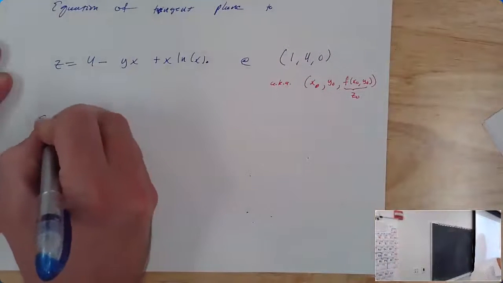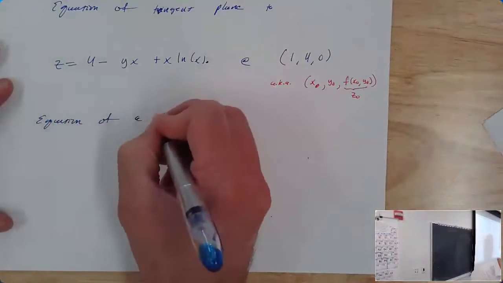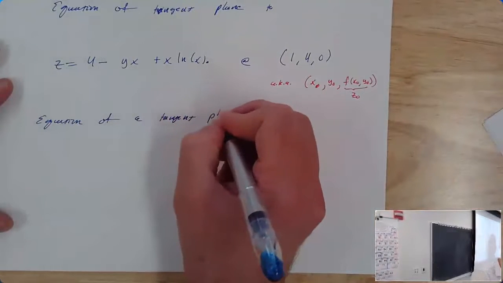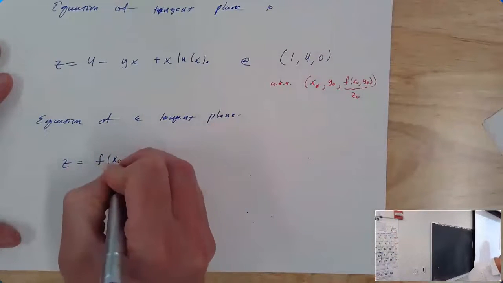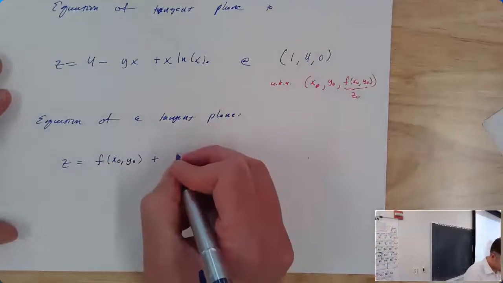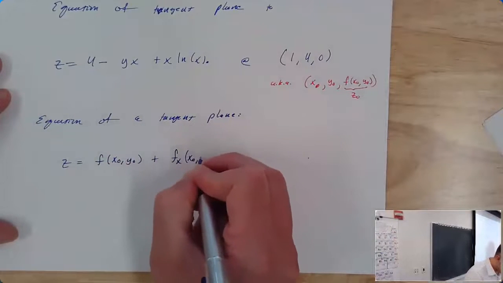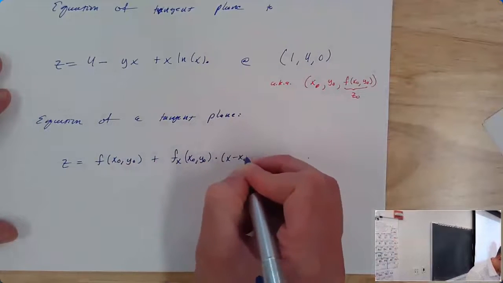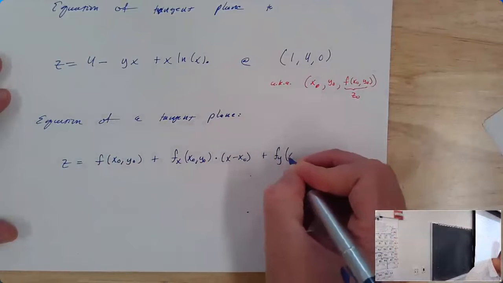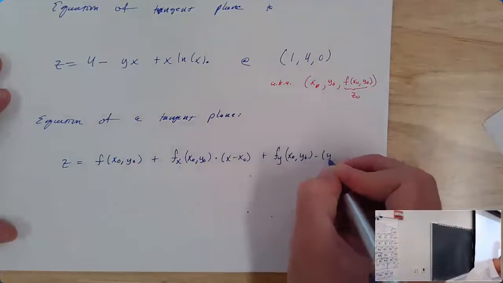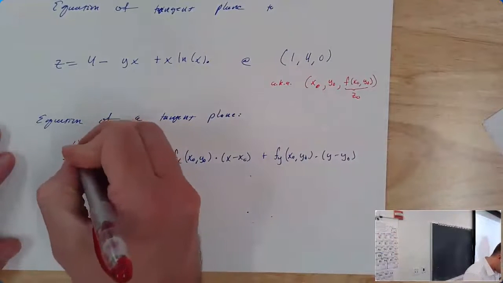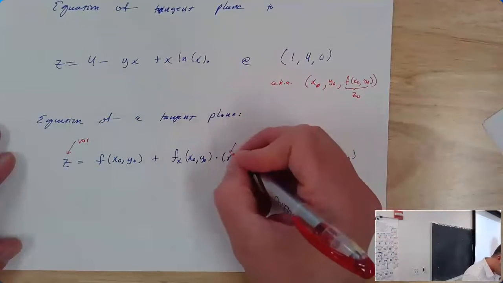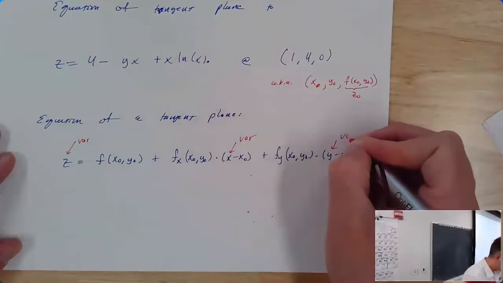The equation of a tangent plane is going to be given by z equal to f of x naught comma y naught plus the partial with respect to x at x naught y naught times x minus x naught plus the partial with respect to y at x naught y naught times y minus y naught. I should point out everything in this equation is a real number except for that's a variable, that's a variable, that's a variable.